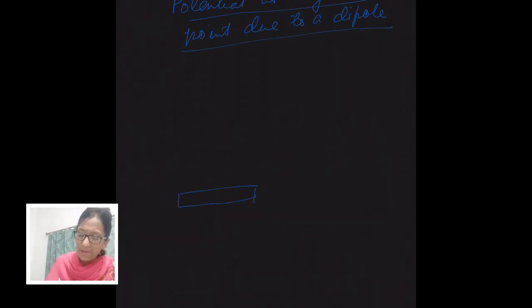We have a dipole of equal and opposite charges plus q and minus q, and we are interested in finding the electric potential at this point P, which is at an angle theta from the dipole.